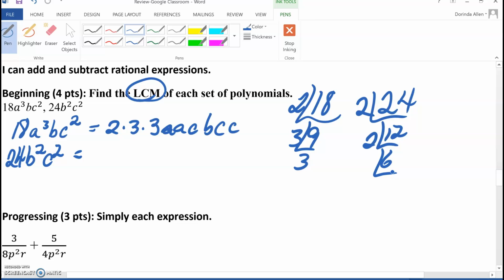Over there, you can get to hear the bell. Probably seems weird for you guys. And that is 2 times 2 times 2 times 3, and 2 B's and 2 C's.